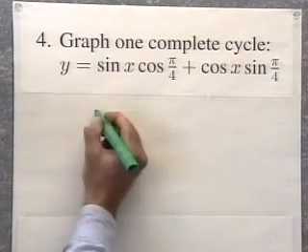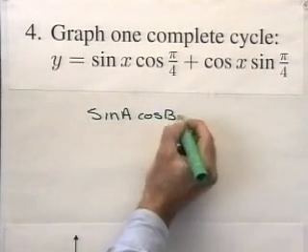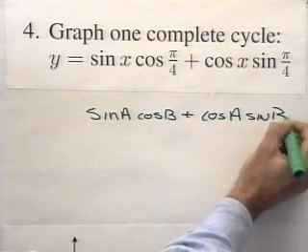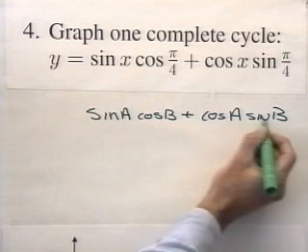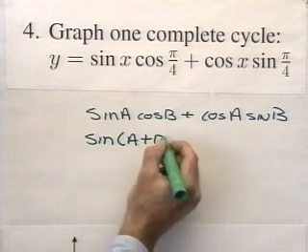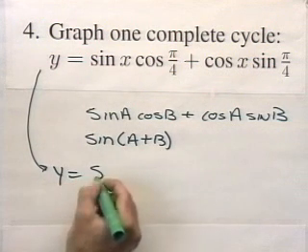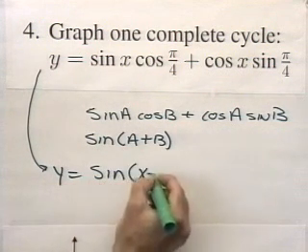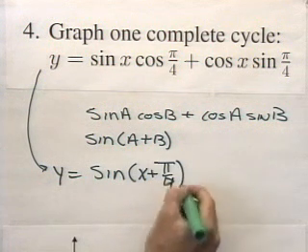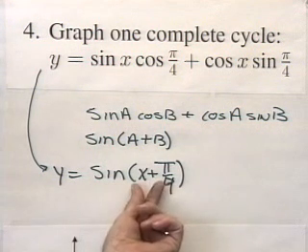Again, this looks like sine A cosine B plus cosine A sine B. And I know that this is the expanded form of sine of A plus B. So my equation then must be y equals the sine of x plus pi over 4.